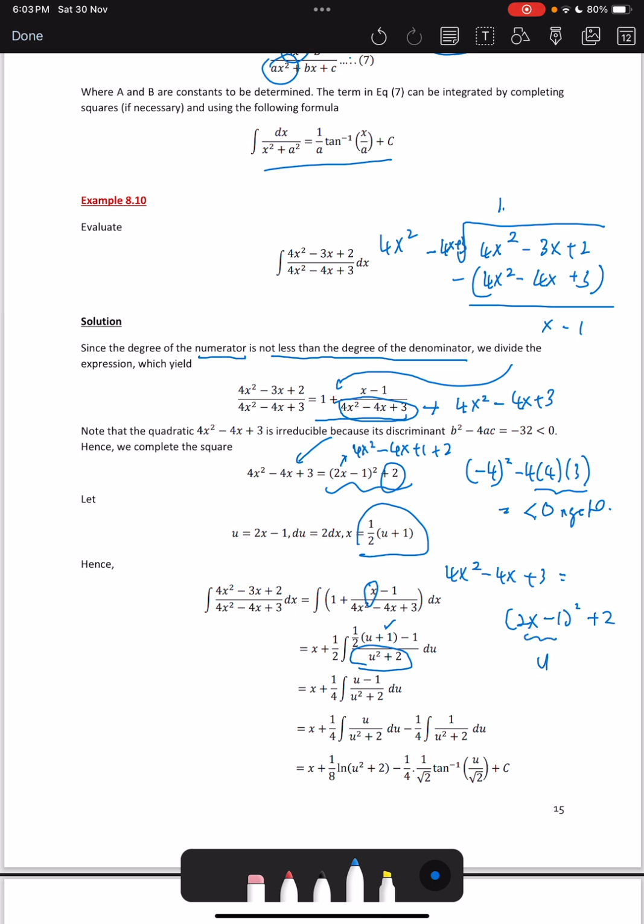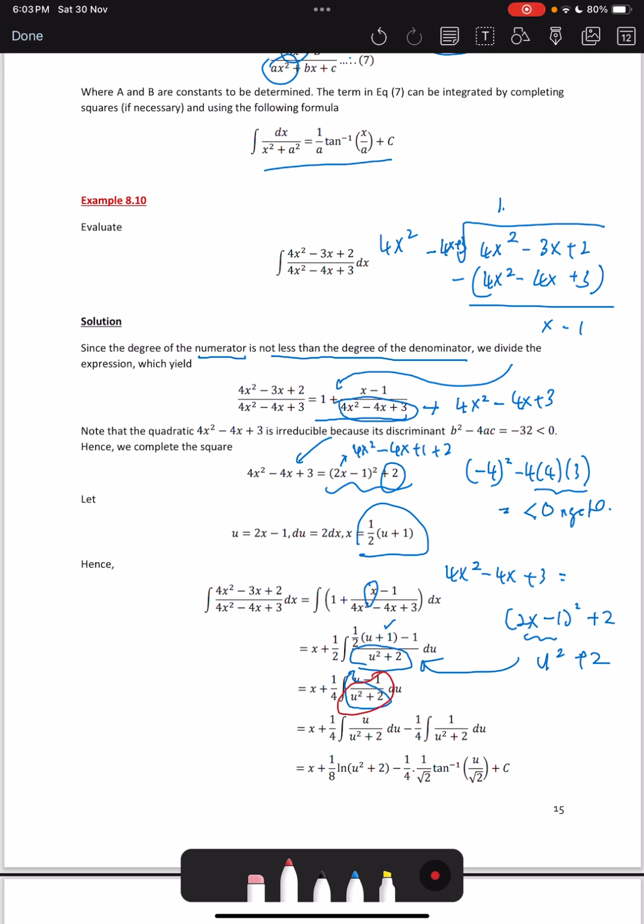So u is 2x minus 1, so u squared plus 2, replace it here. Alright, so you are left with this function, and here is actually u, this is one term, another term will be this one, so x plus 4u divided by u squared plus 2, and then here is 1 over u squared plus 2.